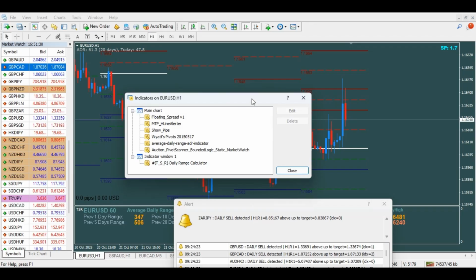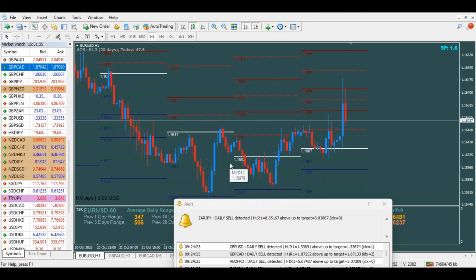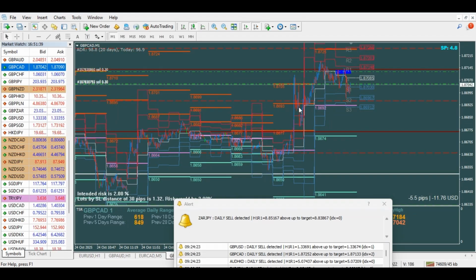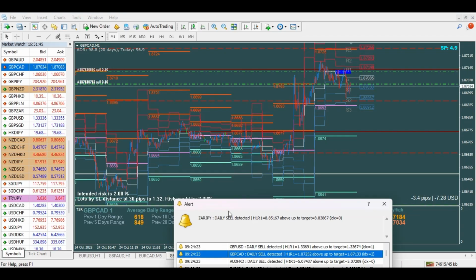Now let me go over what those 2 core conditions are. So this is a pound CAD alert. I had a pound CAD alert here.